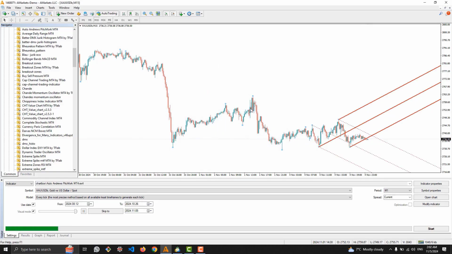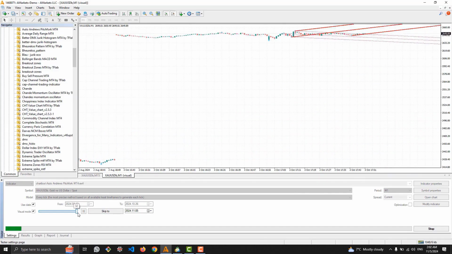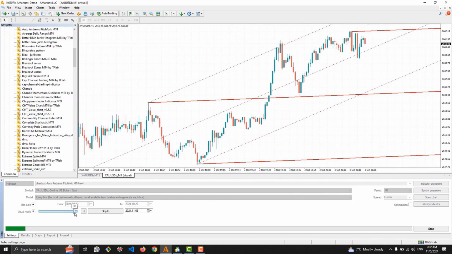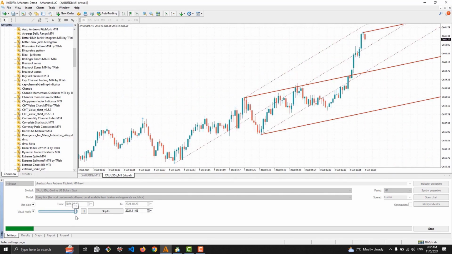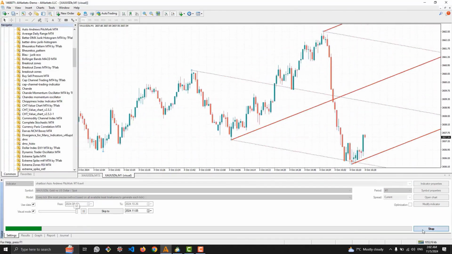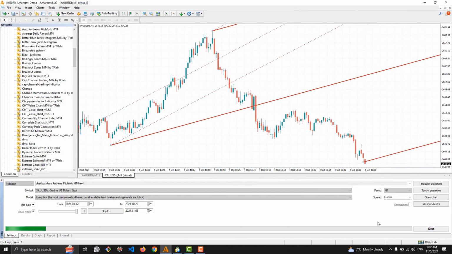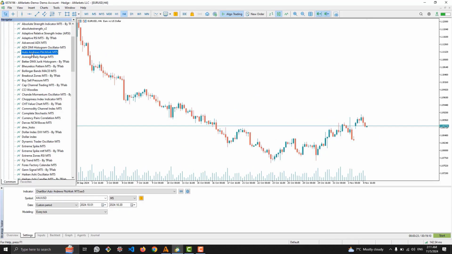Together we will see the interactions between indicators on the MetaTrader 4 platform. We can also use this same indicator on the MetaTrader 5 platform.